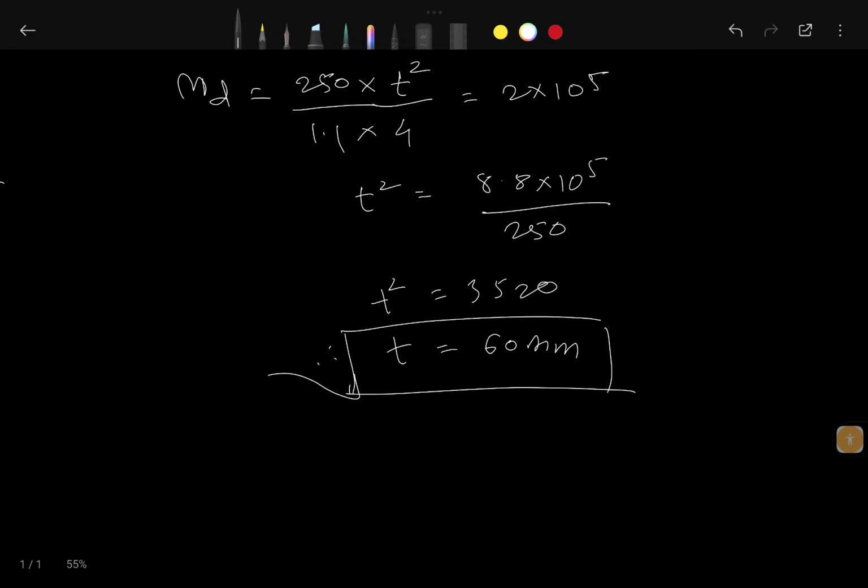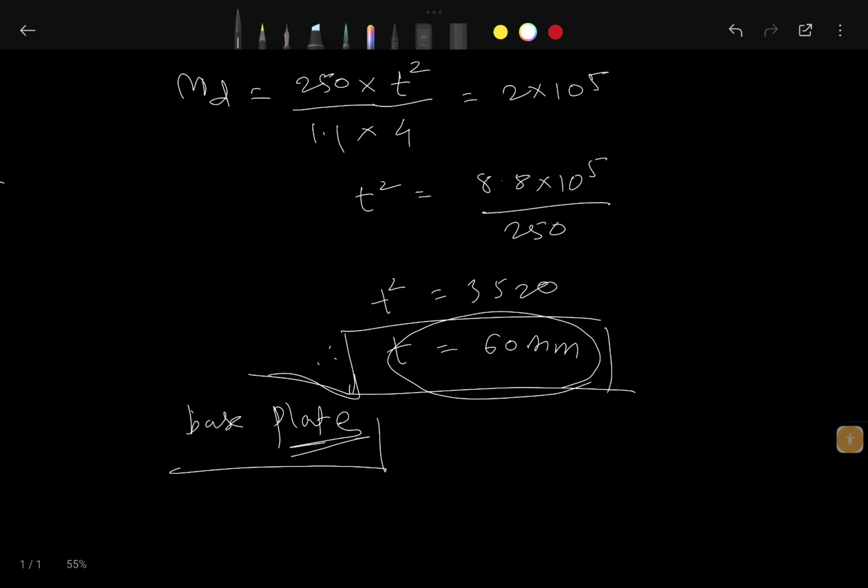Here the base plate thickness will come 60 mm. In this manual calculation we don't assume stiffeners, so that's why we get this higher value. If we assume a stiffener, it can distribute the load properly, and if we design the anchor bolt also, it helps to reduce this thickness.